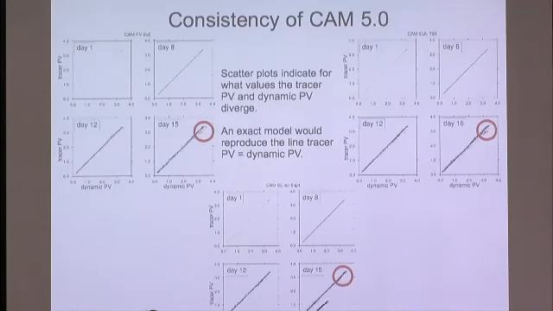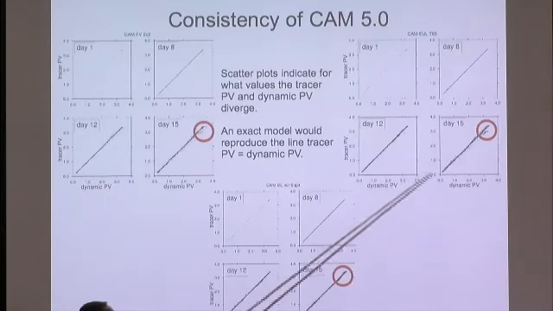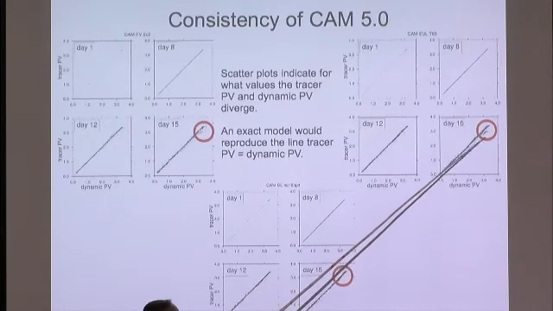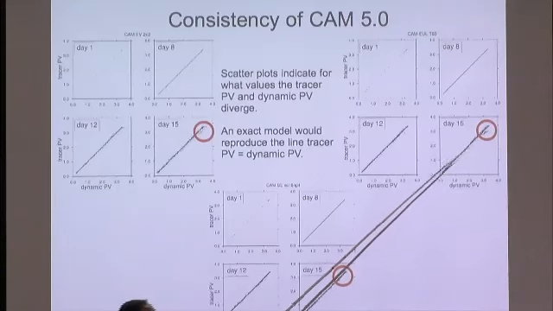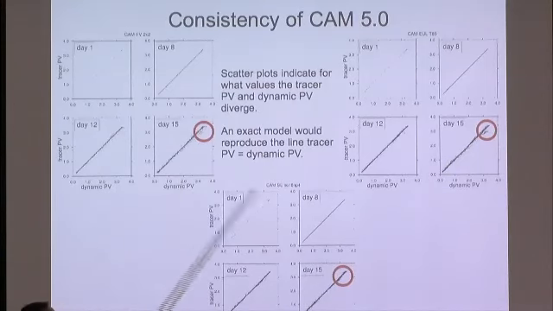And this gives you an idea of where the differences arise, rather than just a simple error norm. For example, if we look at day 15 up here, so we're looking at the very largest values. You can see for the finite volume one, as well as for the spectral transform model, and I only plotted one of the spectral transform models because the plots are pretty similar, that for both of them the dynamic PV particularly had more large values in this region than the tracer.